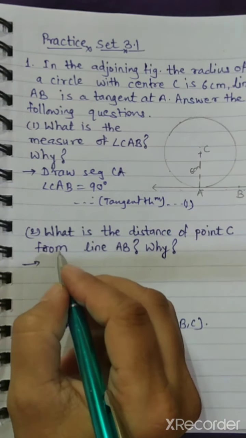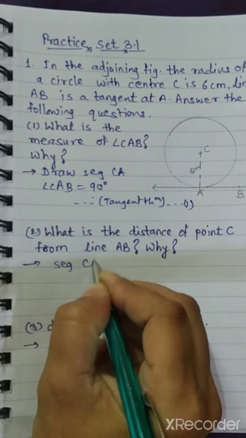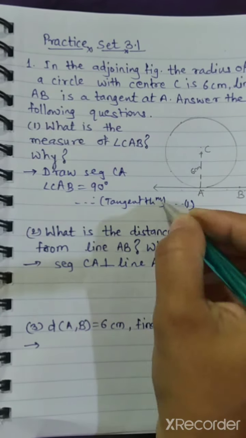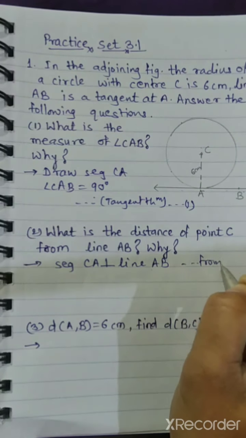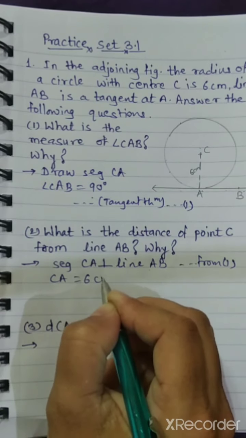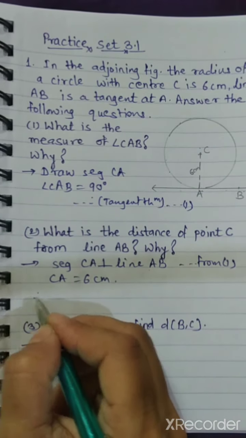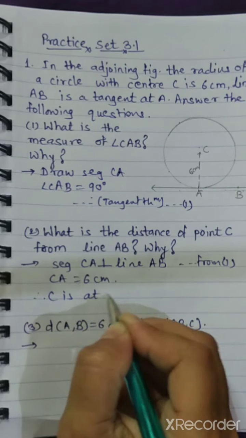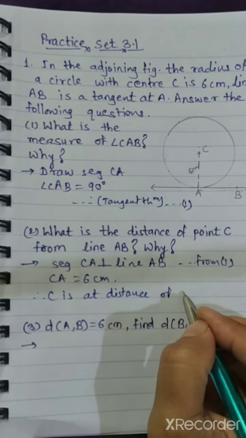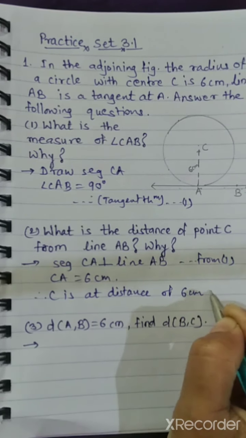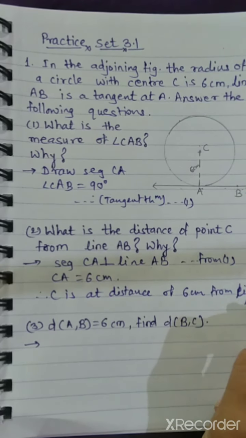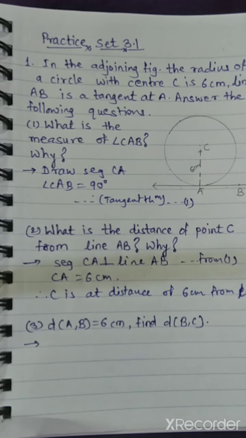So we'll write the answer like this: segment CA perpendicular to line AB, from equation first, and CA is equal to 6 centimeter, and therefore C is at a distance of 6 centimeter from line AB. So this is our answer.